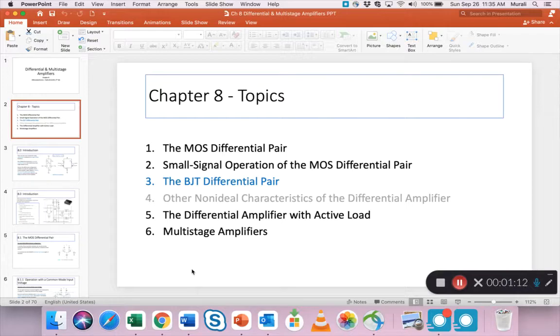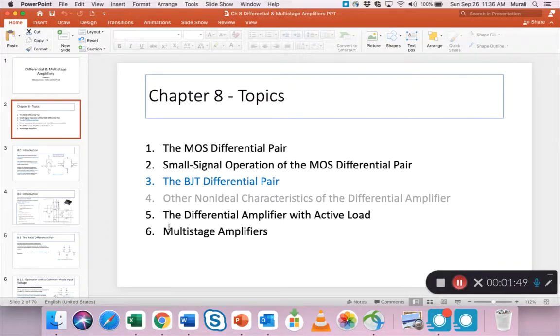But this week, I want to do in day 1 the differential amplifier with active load, which is topic 5, and then in the next 2 recordings, we'll look at the last topic in chapter 8, which is multi-stage amplifiers. Okay, so that's the plan for this week, and with that we should be able to complete chapter 8, which is differential and multi-stage amplifiers.